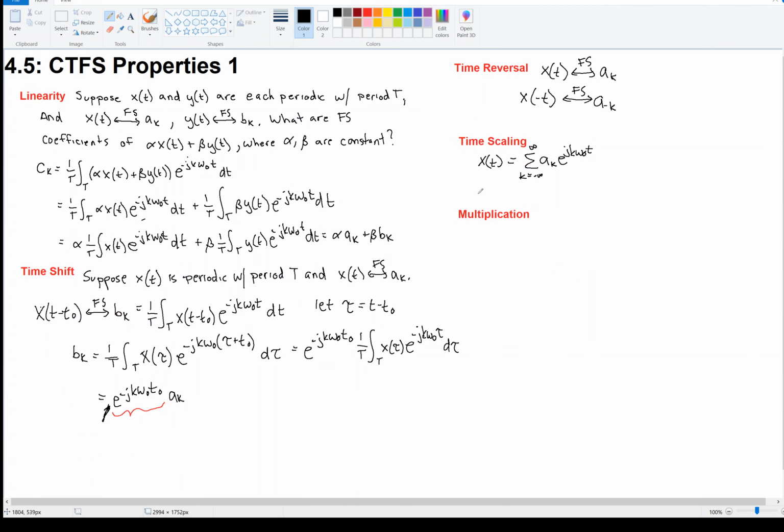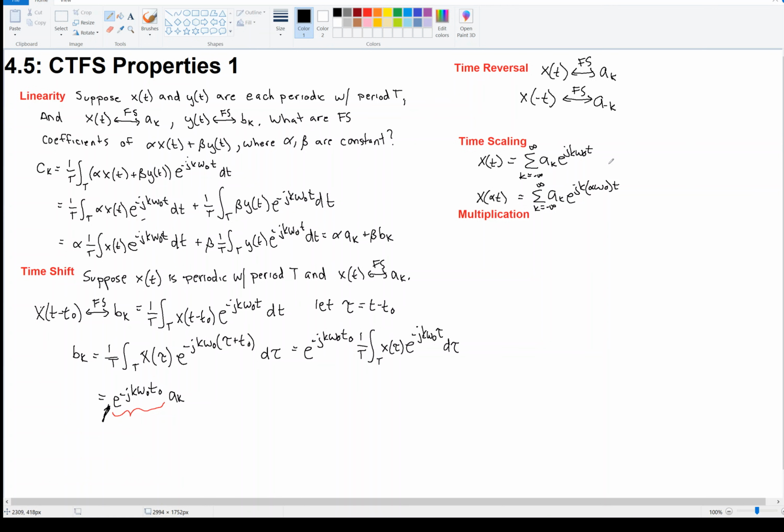Well, if I scale the time, that is, by some constant alpha, then I put the alpha up here in the power, and I'm going to group it with the omega, like that. So what this is telling us is that the AKs don't actually change.